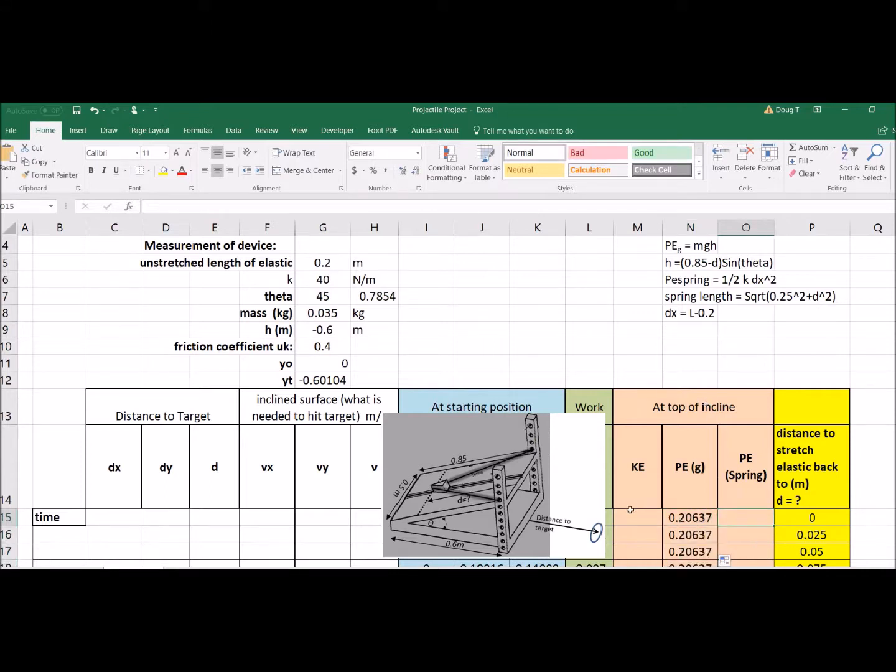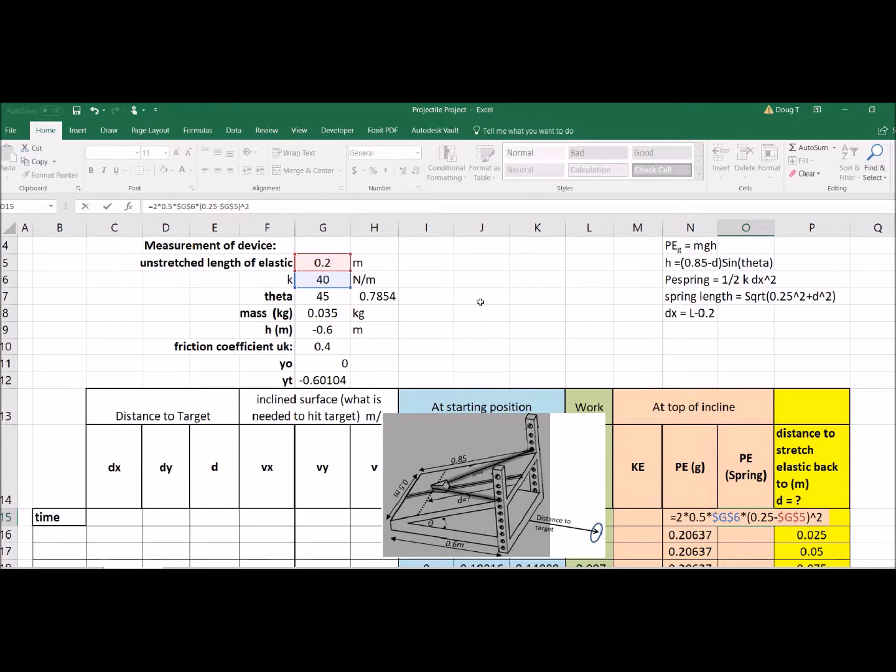Our potential energy from the spring equals 2, because there's 2 sides of this. So we have 2 times 1/2 times k, and then our x squared is going to be equal to, since this is 0.5, then it's half of this, 0.25 minus the original stretch up here, and this is going to be squared.